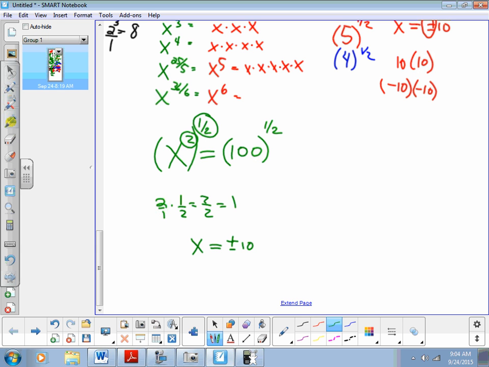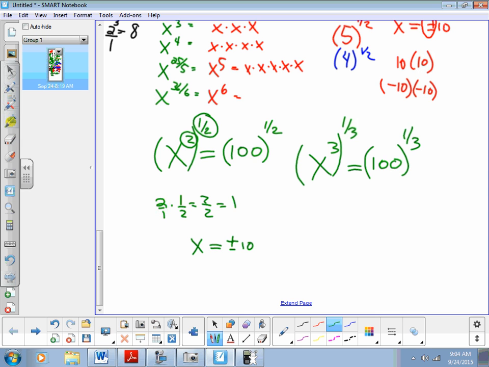So you see squaring and the fraction form of it are opposites of each other. So keep this in mind. What if I had something that was x to the 3rd power equal to 100? That would be the 1/3 power is the opposite of to the 3rd power.